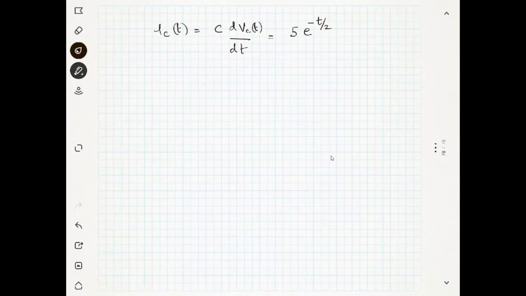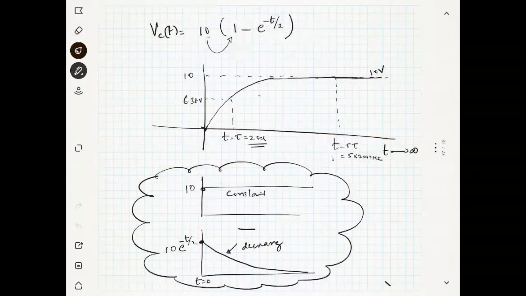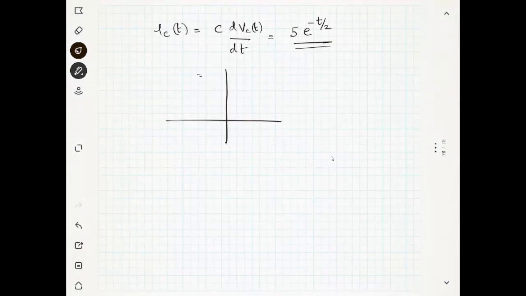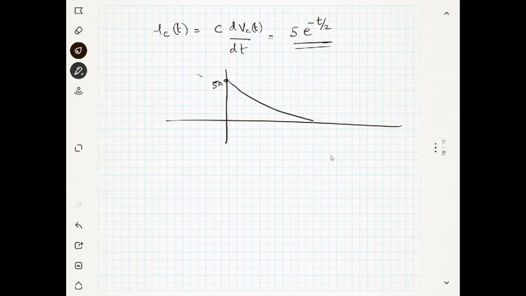The first term is a constant, so it is very easy. That means the current through the capacitor was initially 5 ampere and it is decaying like this and going to 0.